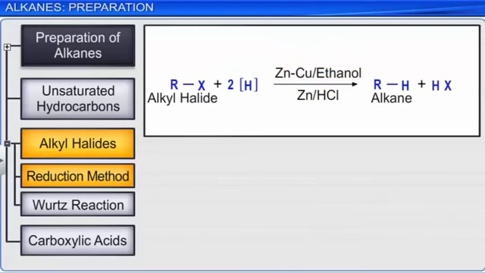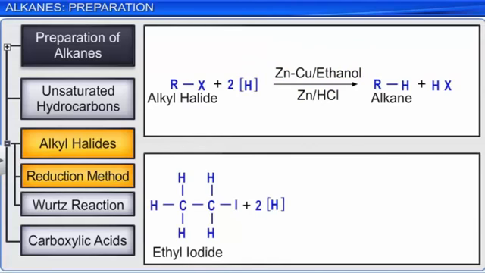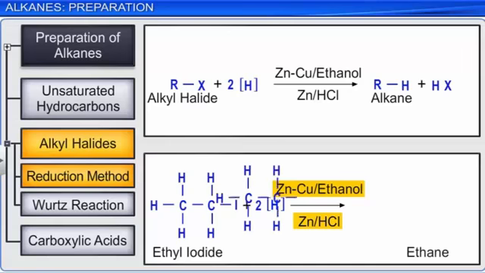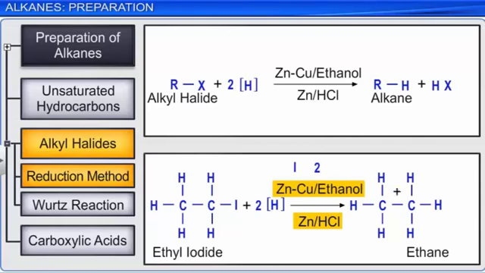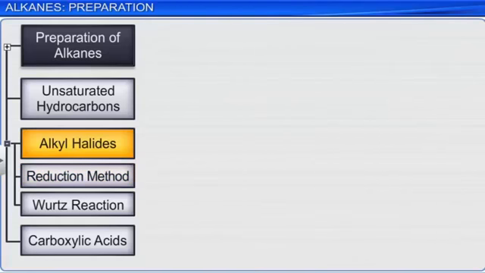For example, ethyl iodide, when reduced by using zinc-copper couple in ethanol or zinc and dilute HCl, gives ethane. Now let's see how to obtain alkanes from alkyl halides using the Wurtz reaction.